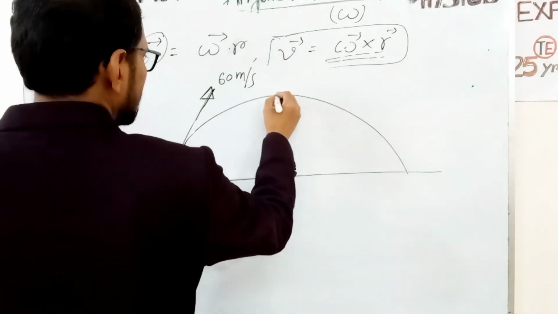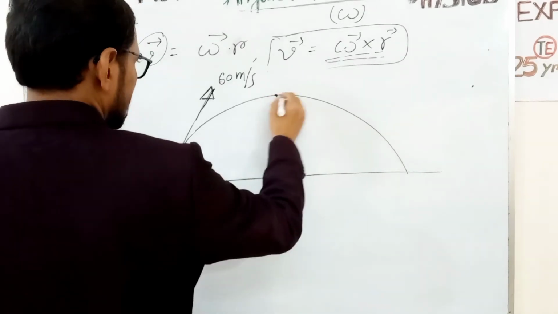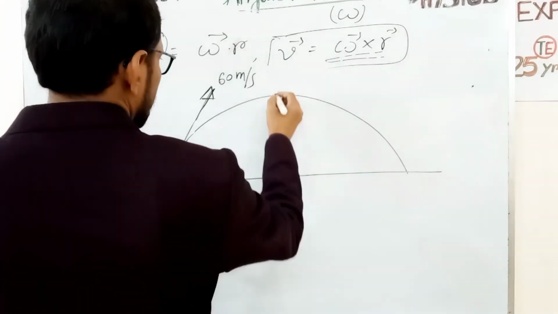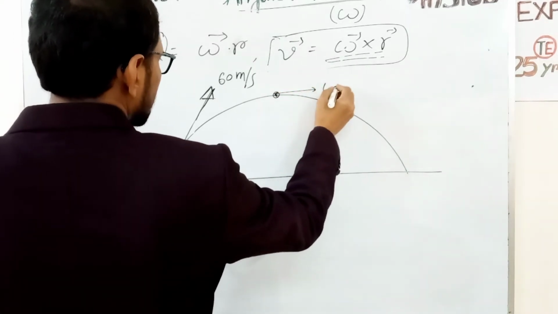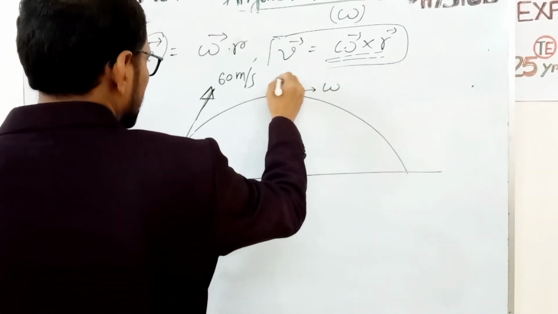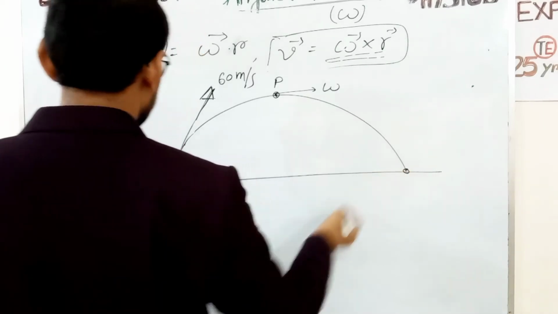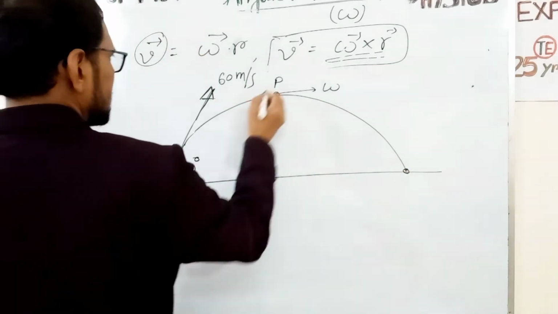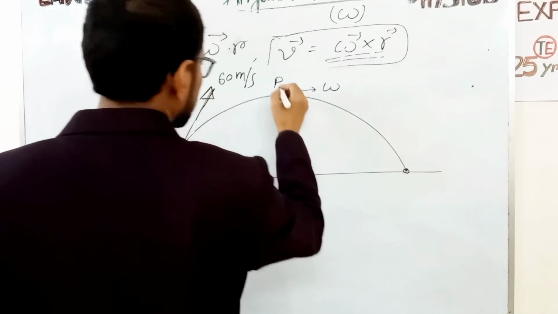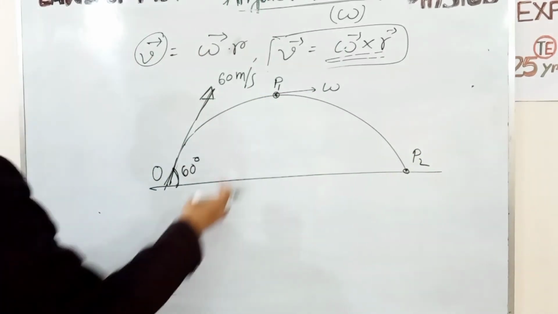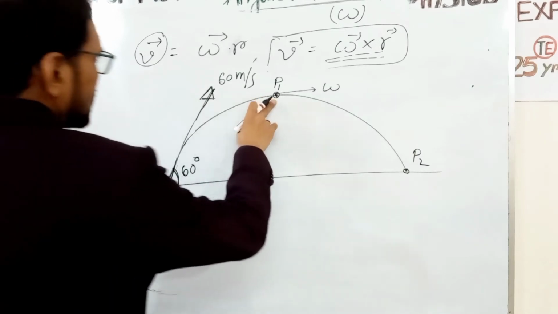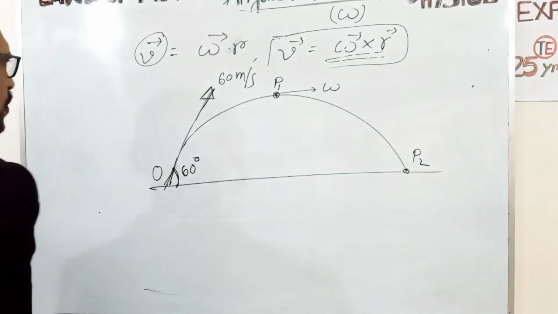Now when it is at the highest point, what is the angular velocity of this point? Suppose the highest point is point P, this is the origin O, and this is point P1, this is point P2. Now what is the angular velocity of the particle at point P1 and P2 with respect to O?